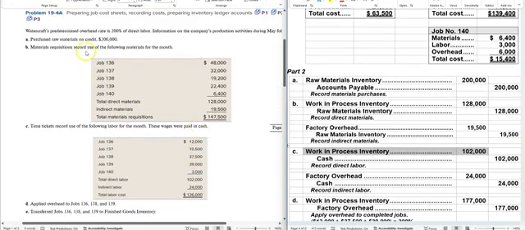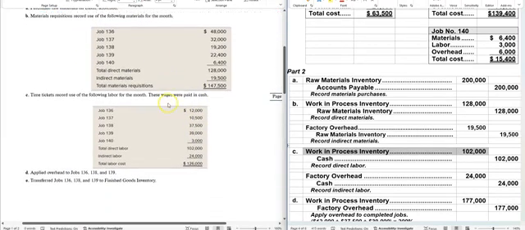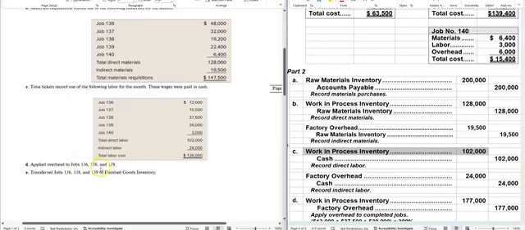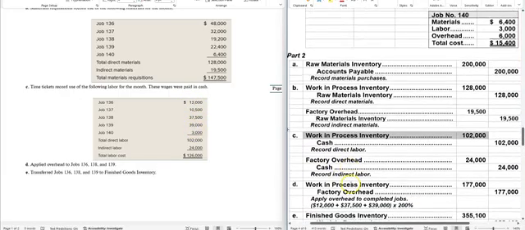Remember, the overhead is applied at a rate of 200% of direct labor. So in order to know how much overhead to apply for these 3 jobs, I need to go back and look at what their labor costs were. 12,000, 37,500, and 39,000.